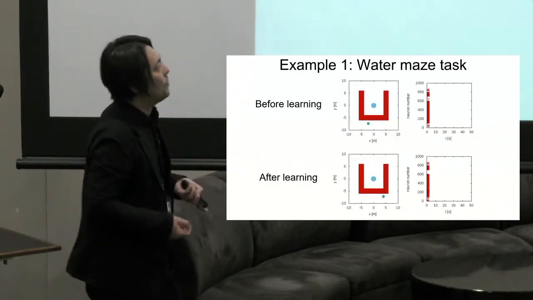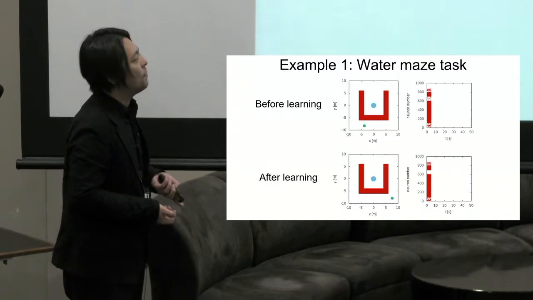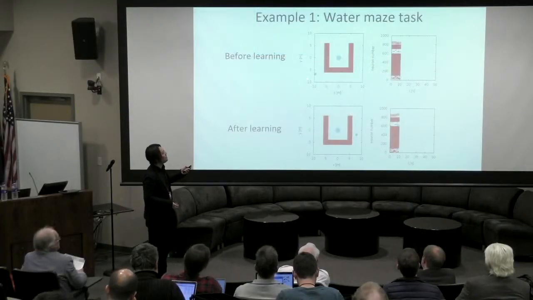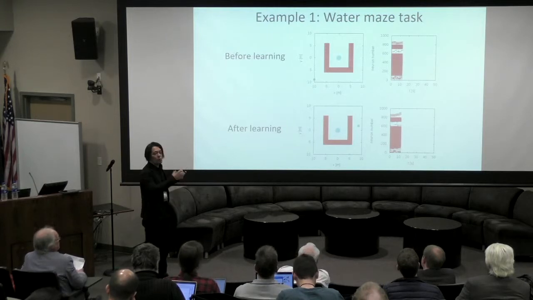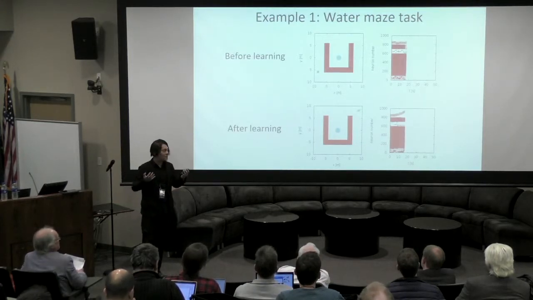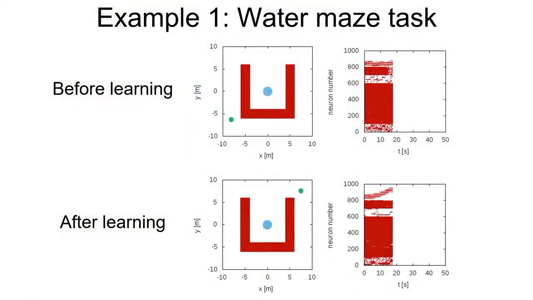The simulation works something like this. Before learning, the agent just crawls in the maze because the agent doesn't know where the goal is. So the agent just goes back and forth and sometimes hits the obstacle.